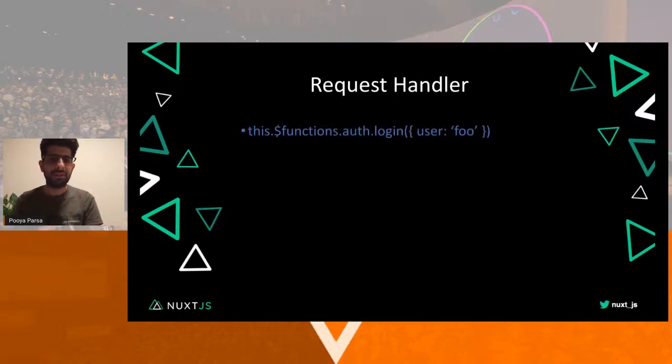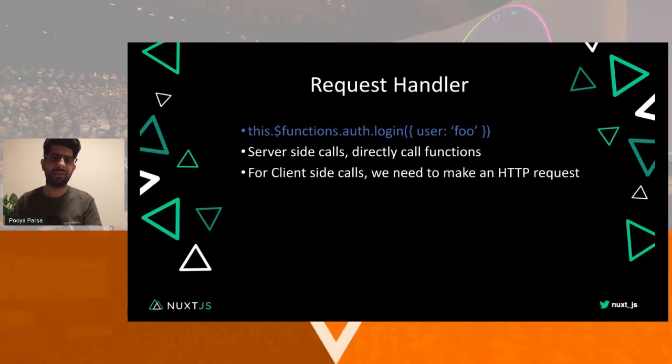So when you call these functions, like login for example, on the client side, obviously for server side it's a direct function call, but for client side we need to make an HTTP request, which is kind of challenging for us right now. Because for making this HTTP request, you need an endpoint first of all, which has to respond to this request.